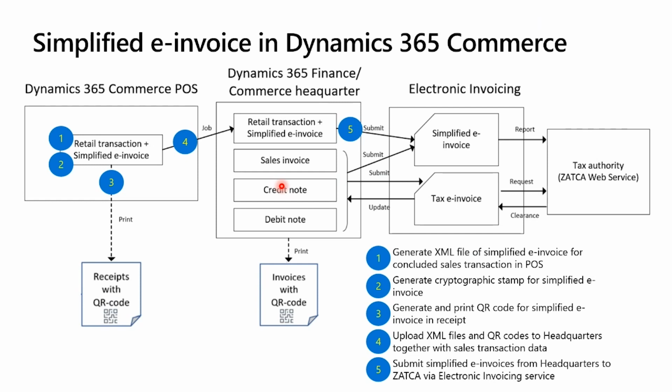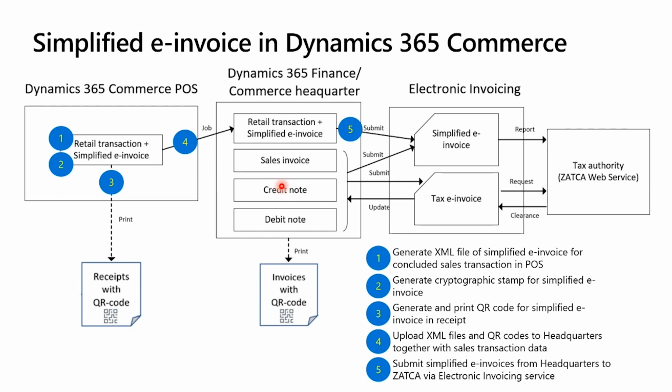So when a sales invoice or credit note or debit note is issued from Dynamics 365 Finance, its data is submitted to the electronic invoicing service, where it is converted into the form of a tax e-invoice. And then this tax e-invoice is submitted to authorities.